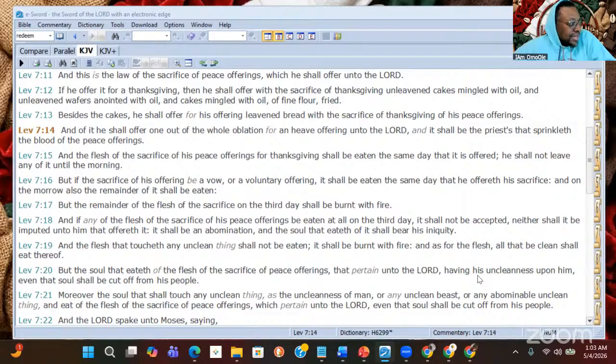And if any of the flesh of the zebach of his peace offering be eaten at all on the third day, it shall not be accepted, neither shall it be imputed unto him that offereth it. It shall be an abomination, and the soul that eateth of it shall bear his avone.